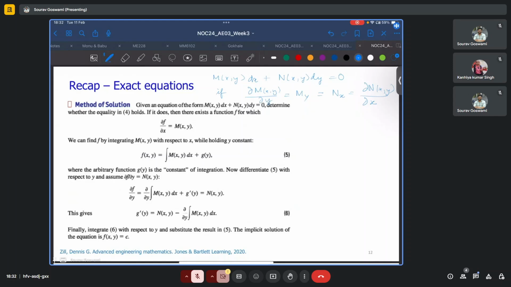If this holds, then there exists some function f for which ∂f/∂x is equal to M(x,y), and we can find f by integrating M(x,y) with respect to x while holding y constant. This will give us f(x,y) as the integral of M with respect to x plus some function of y, g(y), which at this point remains unknown.